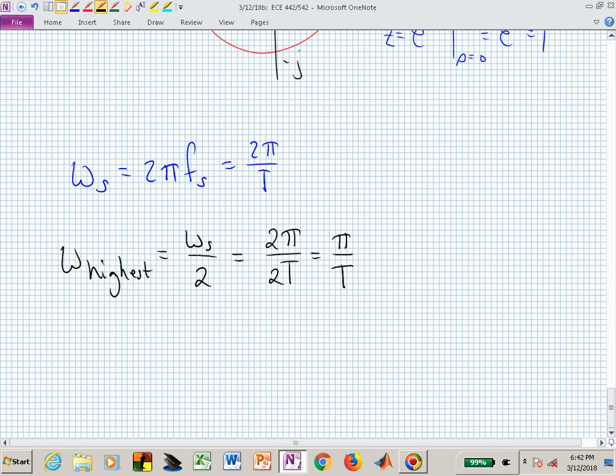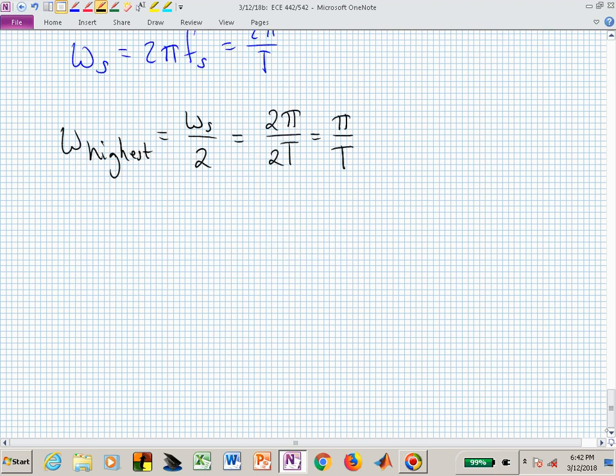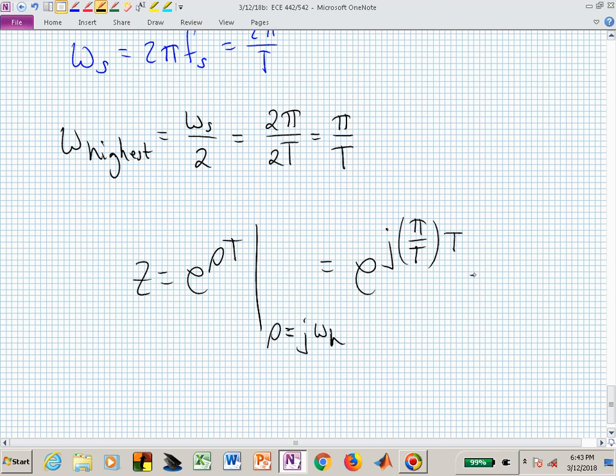Now, what happens when we plug in omega equal to pi over T in our relationship relating z domain to s domain? This is now e to the j, omega is pi over T, times T.